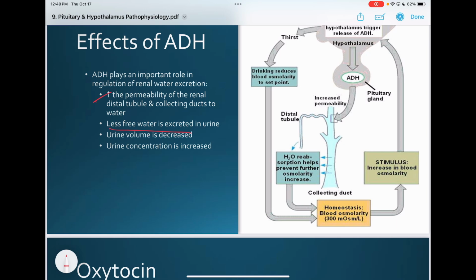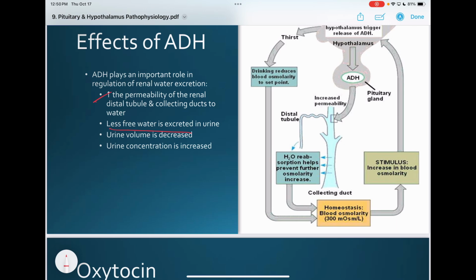ADH is telling us to hold on to this water, so we're not going to lose it. So it stays in the blood. Remember, we don't care about the concentration of the urine. It's just waste product. It's a way to get rid of water, electrolytes, other things. It's a waste system. So urine volume is decreased.